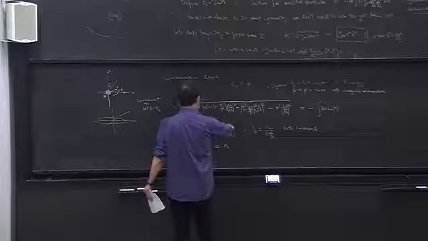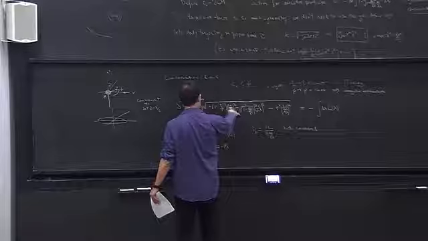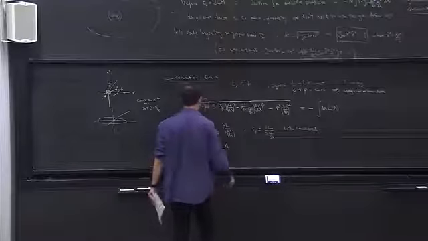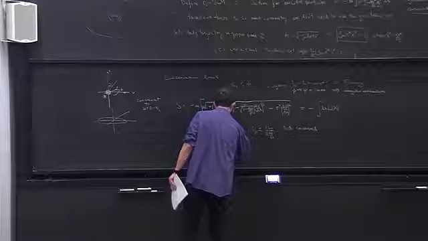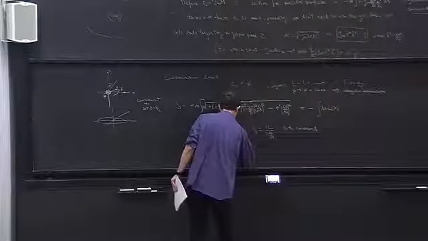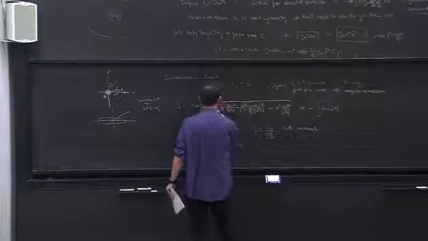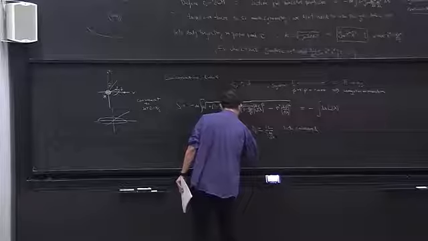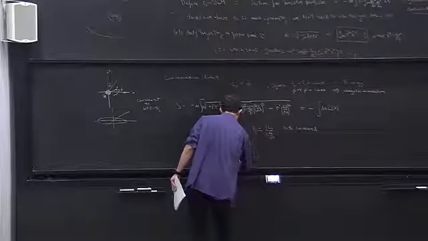And then differentiating with respect to the velocity, I get a factor of 2 from the square. I get a half from the square root. So I just get minus m, and then 1 minus r_s over r from this factor, dt d lambda, over the square root.